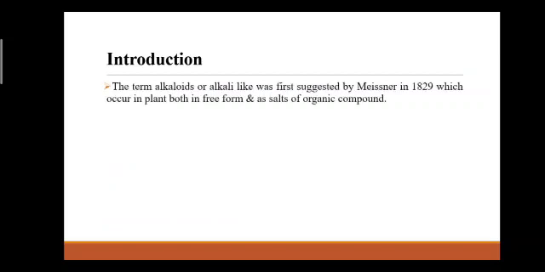The term alkaloids, or alkali-like, was first suggested by Meissner in 1829, which occur in plants both in free form and as salts of organic compounds. They show a large spectrum of pharmacological activities.